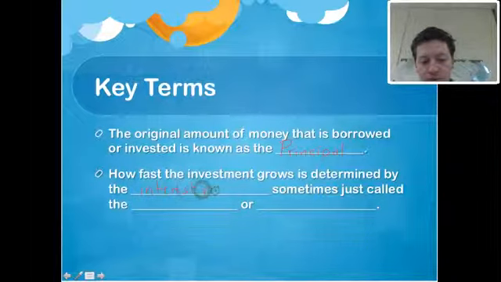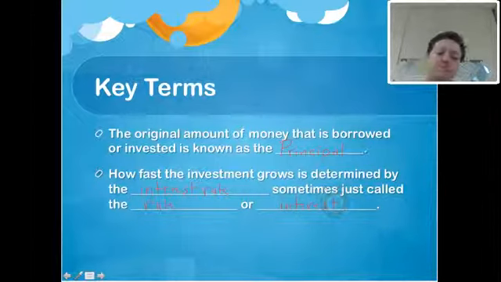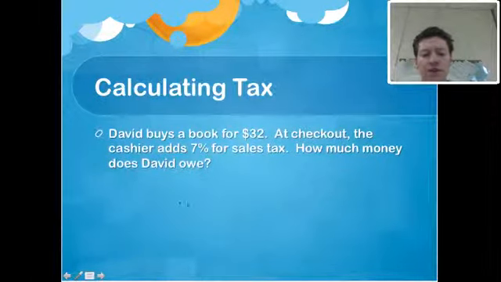As going through the problems, sometimes you will hear it just referred to as the rate, or just referred to as interest. Interest rate, all of these are going to be generally referred to the same thing, the rate at which the money is growing.